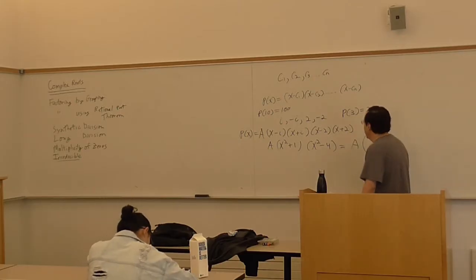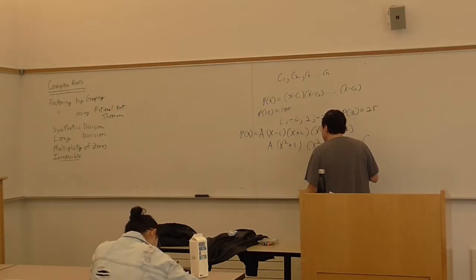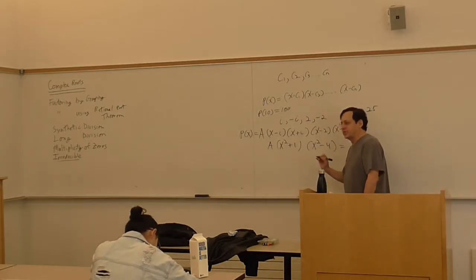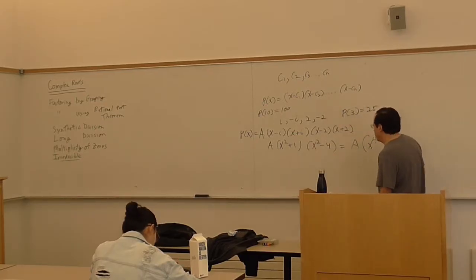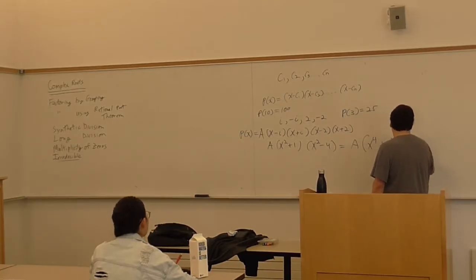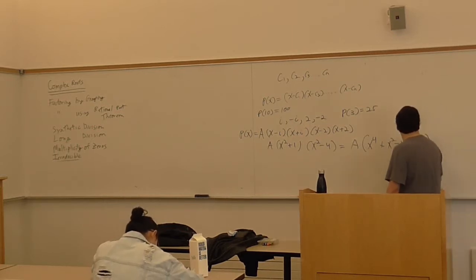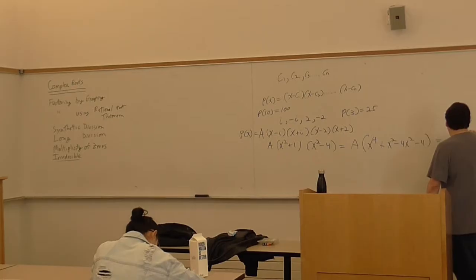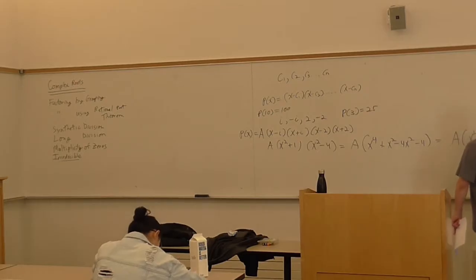First, outer, inner, last: x to the fourth plus x squared minus 4x squared minus 4. So I have a times x to the fourth minus 3x squared minus 4.